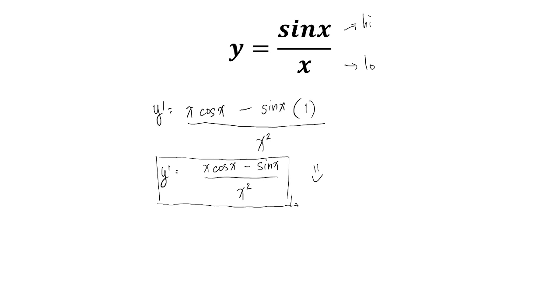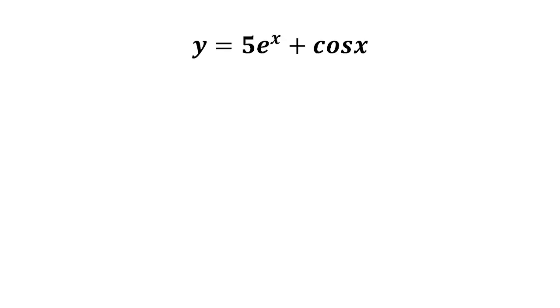Again, don't cancel that x's because that's the angle for the trigonometric function. Next, y equals 5e raised to x plus cosine x. That's a constant multiple rule. 5e raised to x.